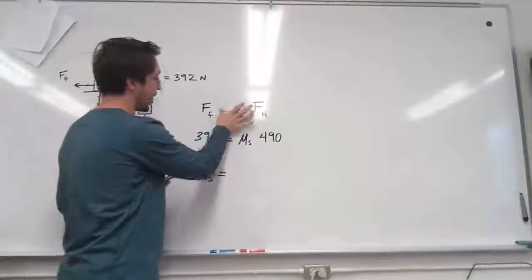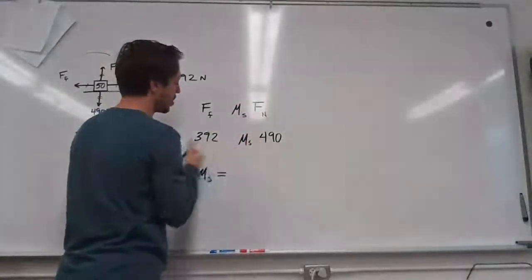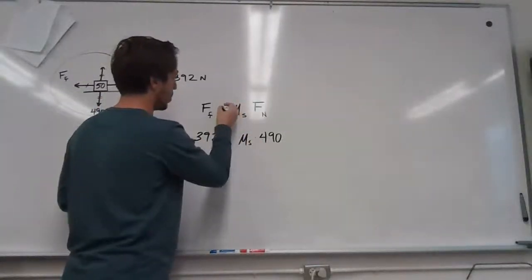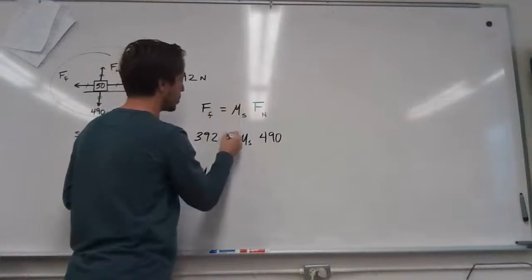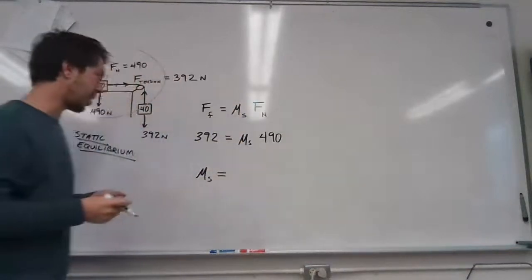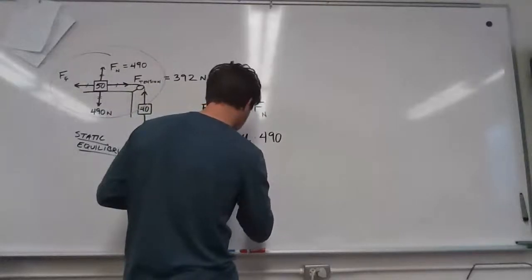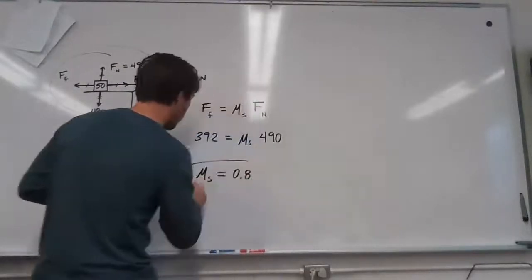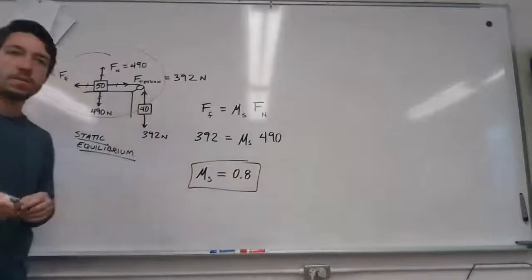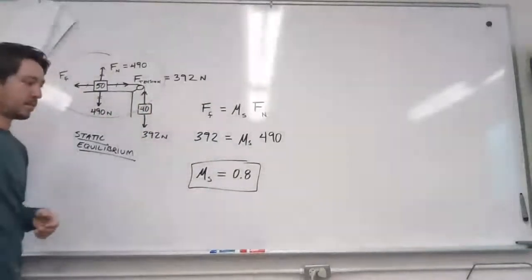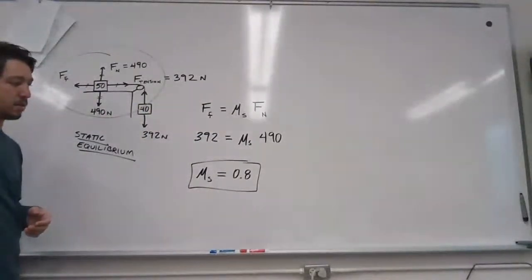In hindsight, I probably should have done this. Look at the number we get. We end up getting 0.8, right? Yeah, you use equal because it's at the perfect point.